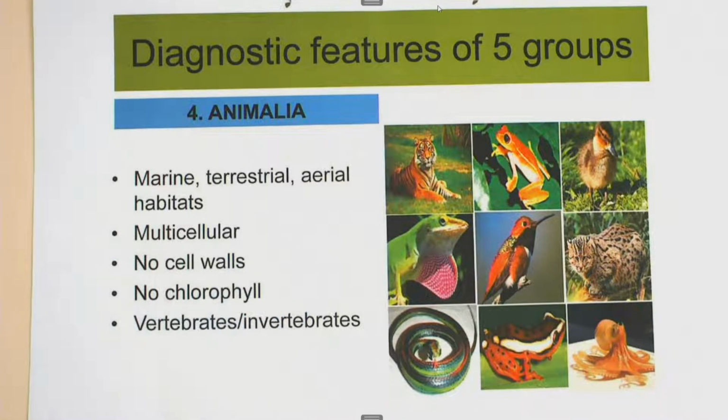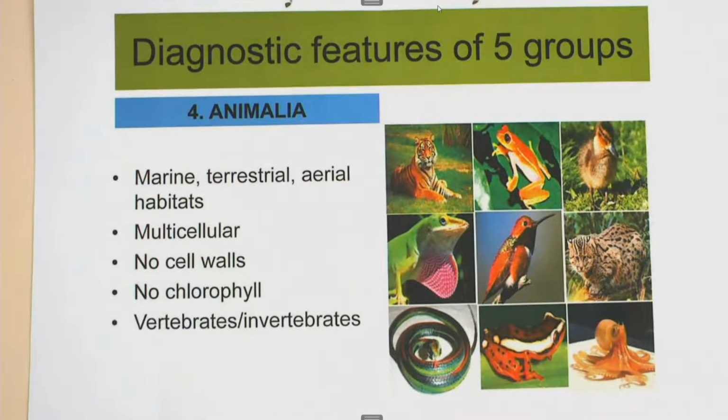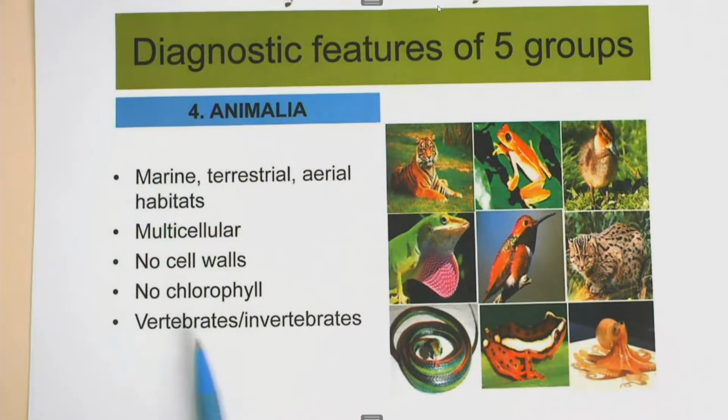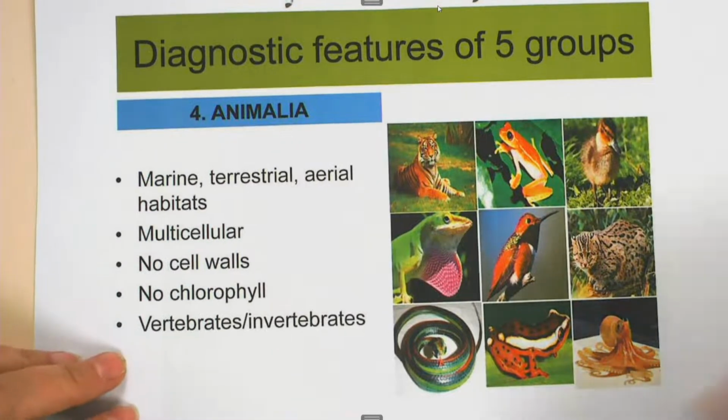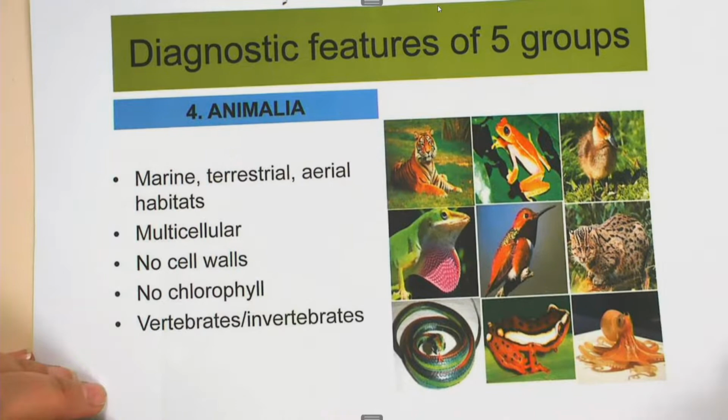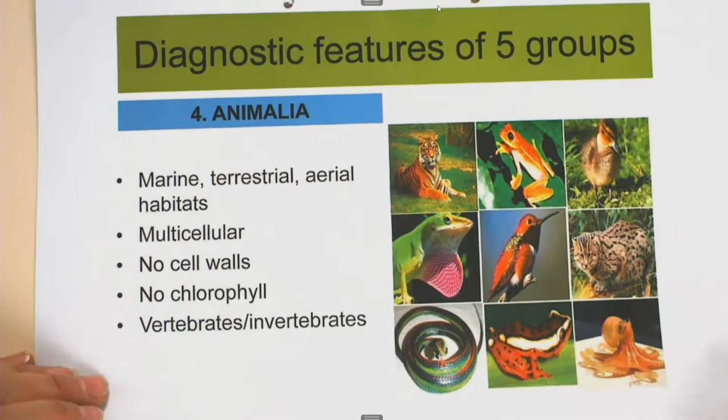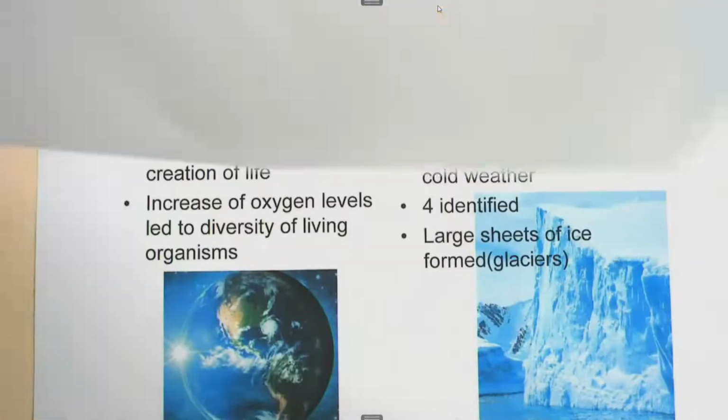There's no cell walls, that's the difference between animals and plants. There's no chlorophyll unless you think you are green. And then we have vertebrates and invertebrates, meaning they have a backbone, a spine, or they don't. Okay, so that's the five groups, ladies and gents, and we are finished with another topic here.